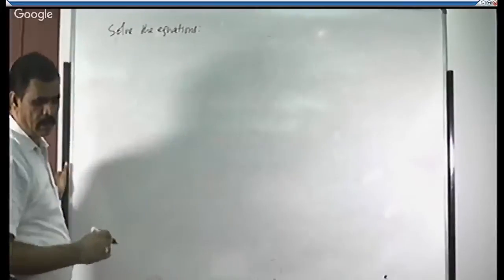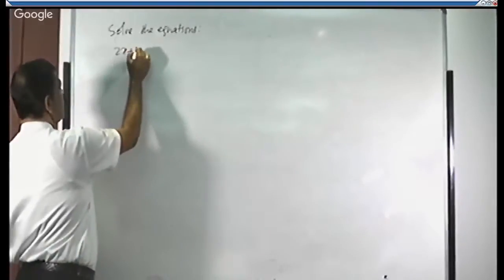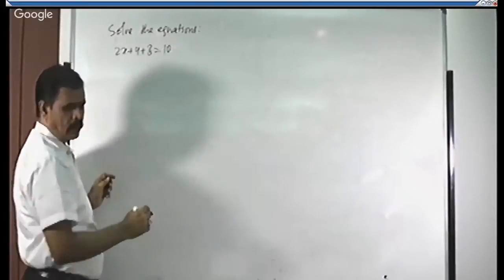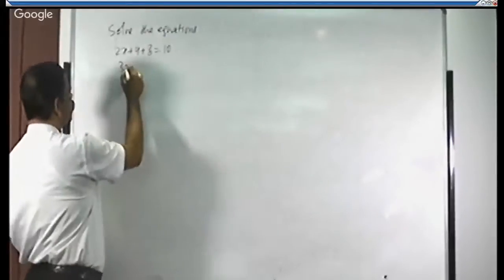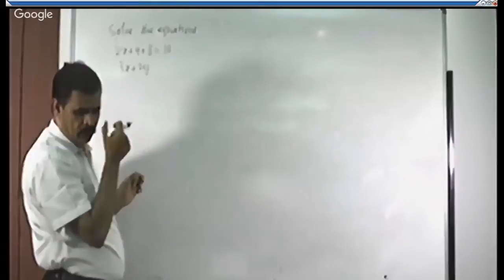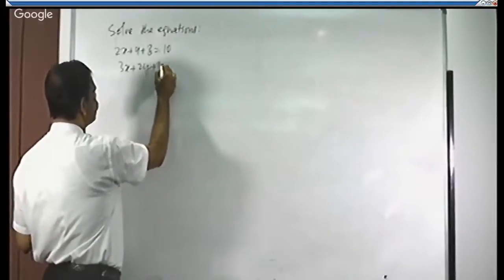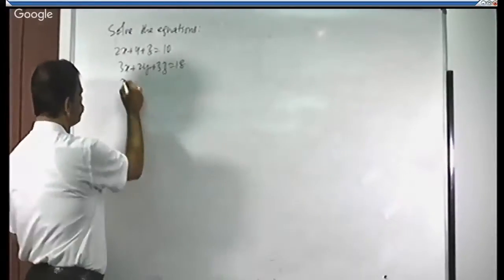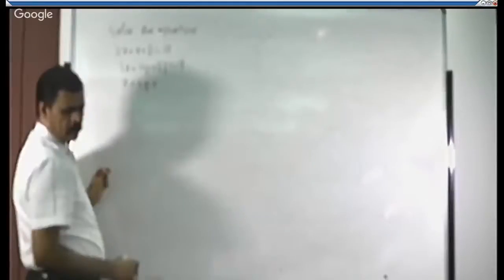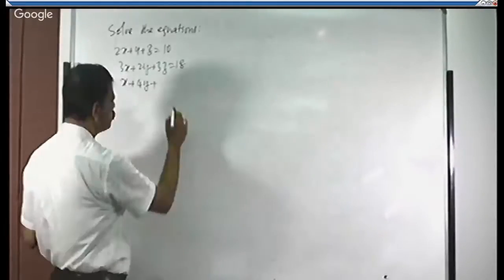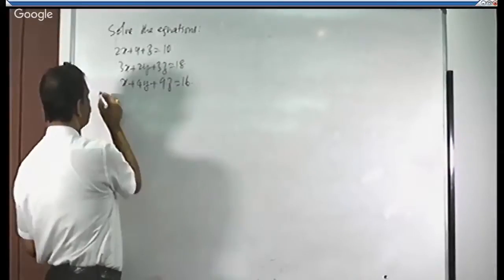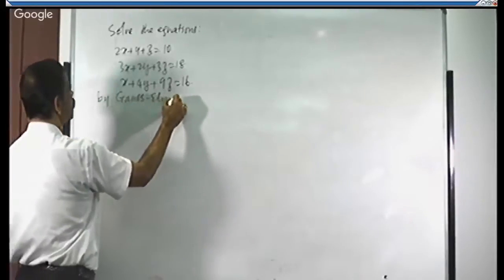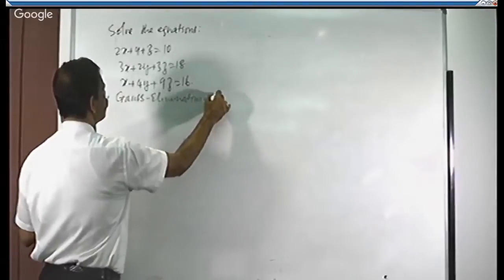The equations may be 2x plus y plus z is equal to 10, 3x plus 2y plus 3z is equal to 18, x plus 4y plus 9z is equal to 16, by Gauss elimination method.